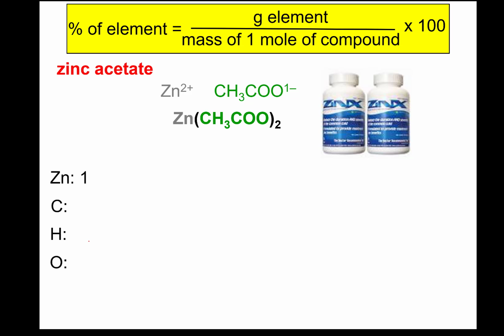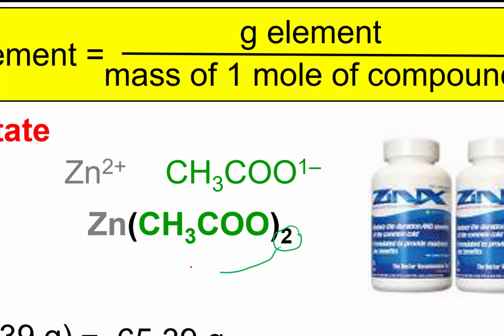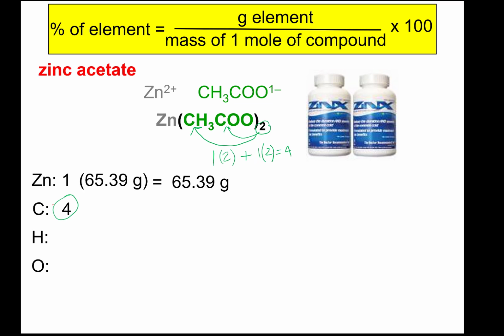Hopefully you notice that there's actually 4 carbon atoms, because there are 2 times 1, which is 2, plus 2 times 1, which is another 2, giving us 4 carbon atoms. Okay, be careful there. So 4 times 12 from the periodic table, or 12.01 grams, gives us 48.04 grams.